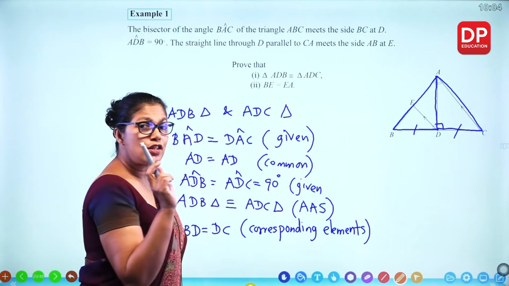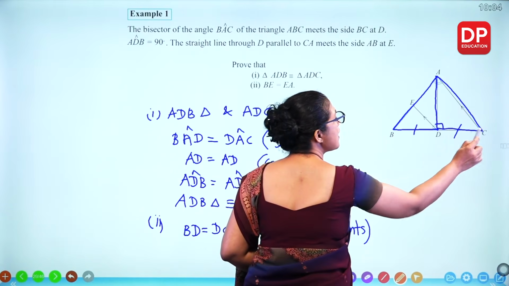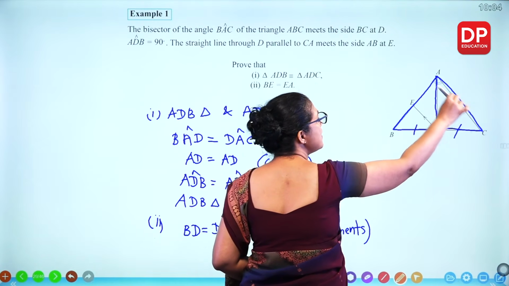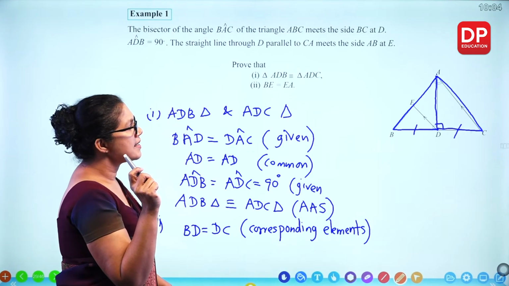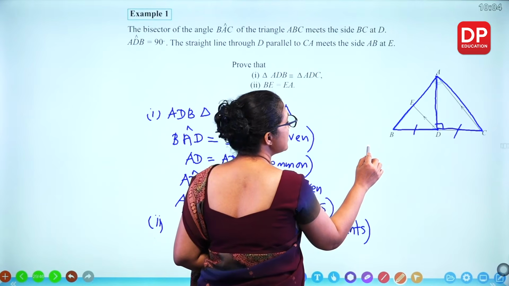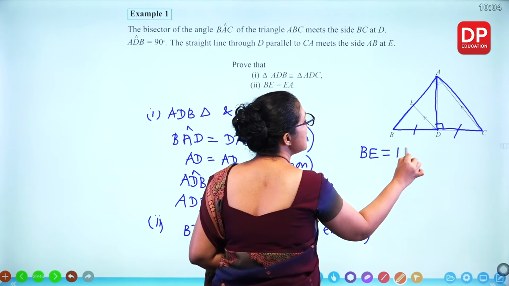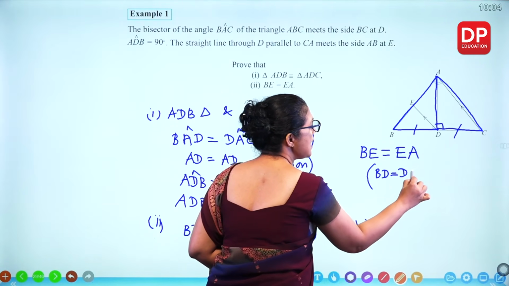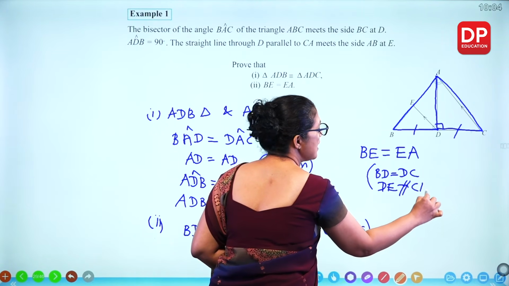Then according to the converse midpoint theorem, when you take the midpoint of one side and draw the parallel line to the other side, the third side is bisected. So according to the converse of the midpoint theorem, we can write BE equals EA, because BD equals DC and DE line is parallel to CA.